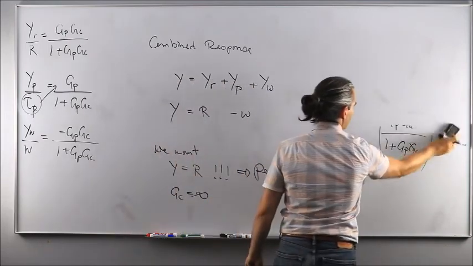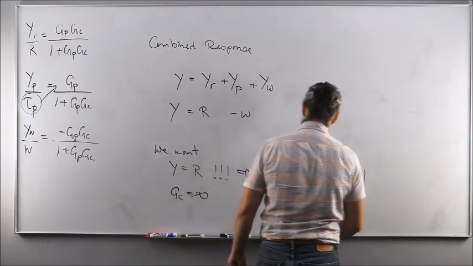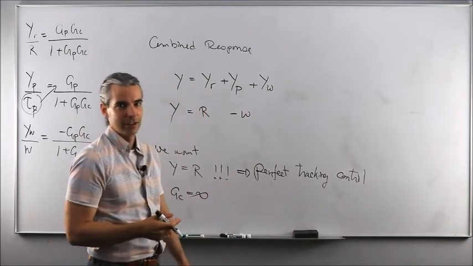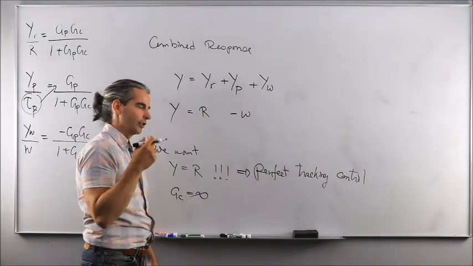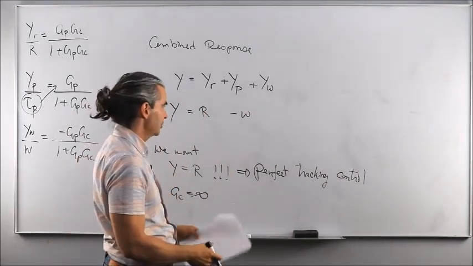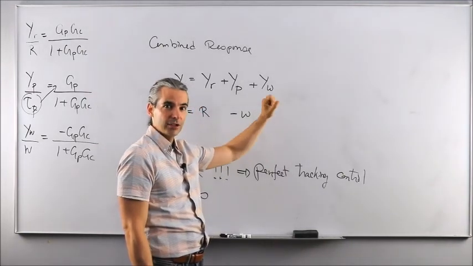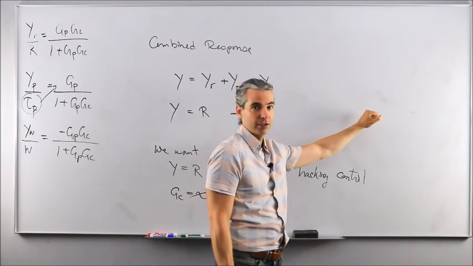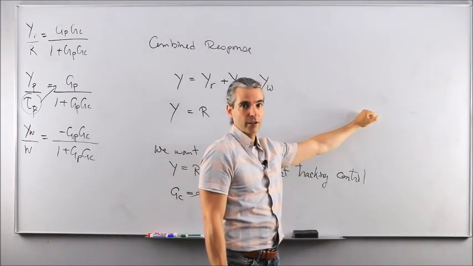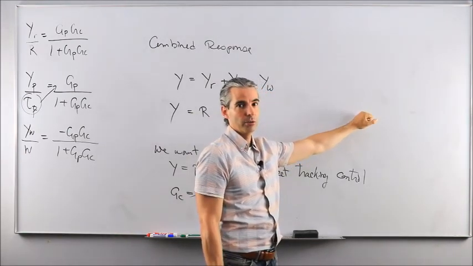Can't happen, sorry. So in other words, there is no way that you can design a controller that will simultaneously cancel the effects of the perturbations as well as canceling the effects of the sensor noise. You can do one, but you can't do the other one.